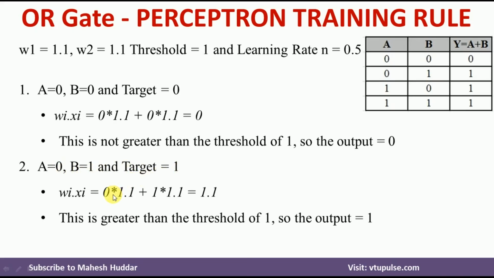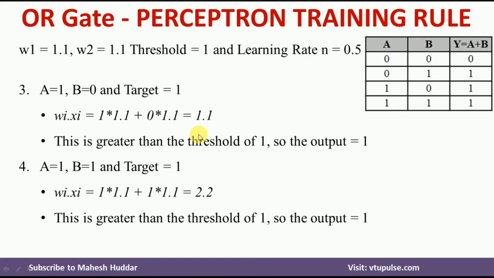The summation term is 1.1, which is greater than the threshold value 1, hence the output is 1. Output matches the target, no need of weight updation. We consider the third example where A is 1 and B is 0. Target is 1. The summation term is 1.1 again, which is greater than the threshold value 1, hence the output is 1. Output matches the target, no need of weight updation.